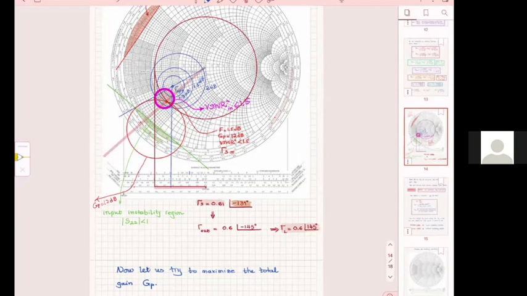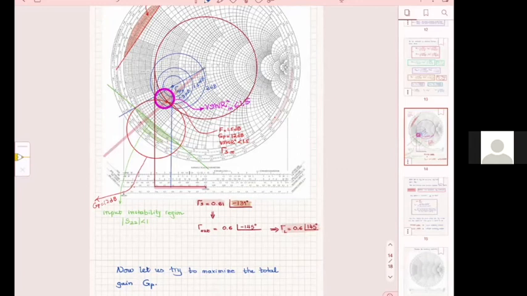So I get 1.5 dB noise, 12 dB G sub P, and an input VSWR lower than 1.5. That will be a nice design point for me.